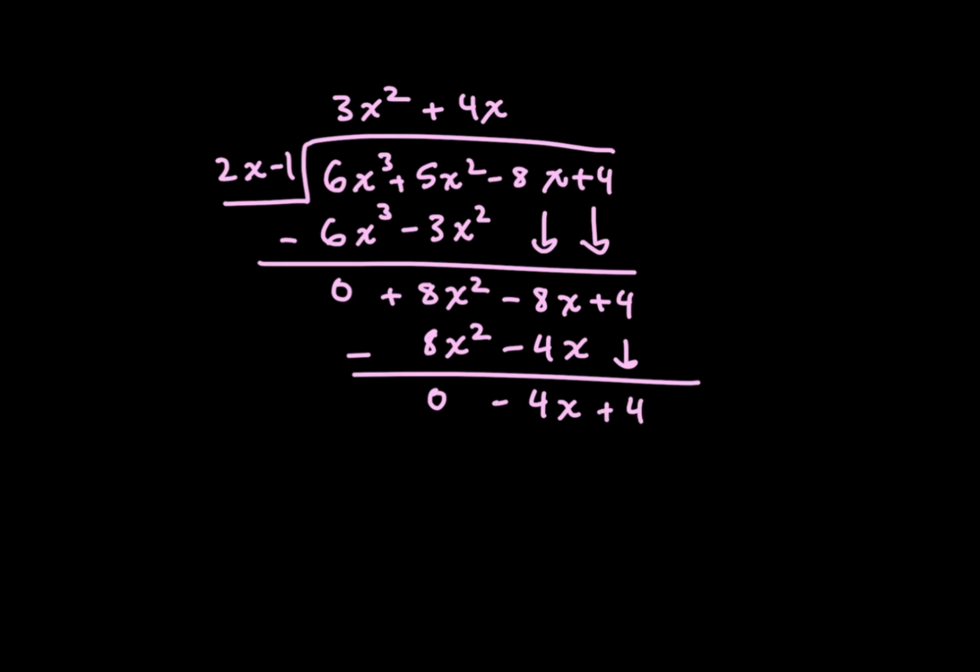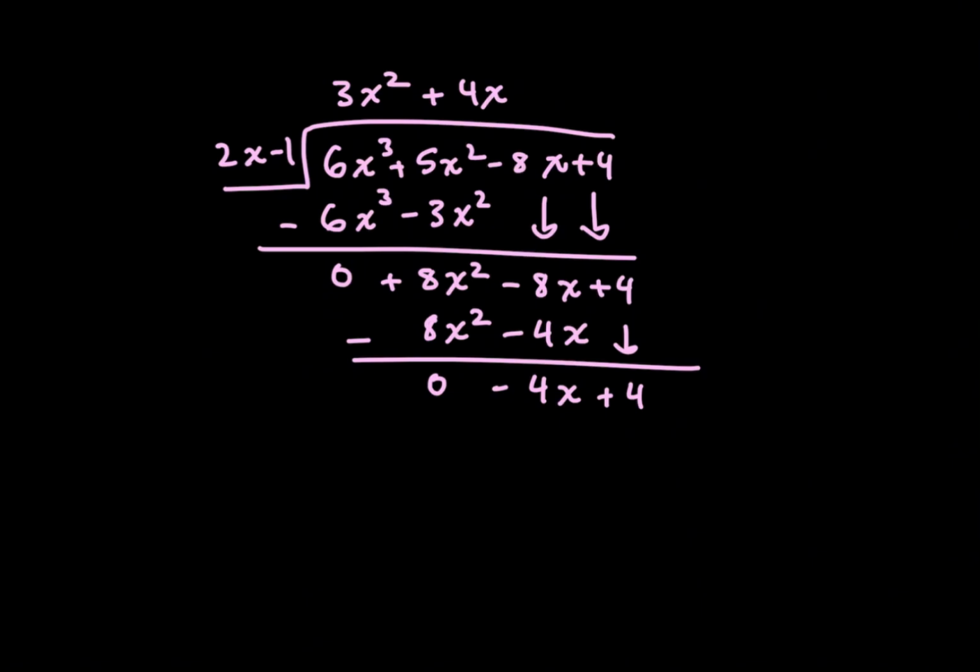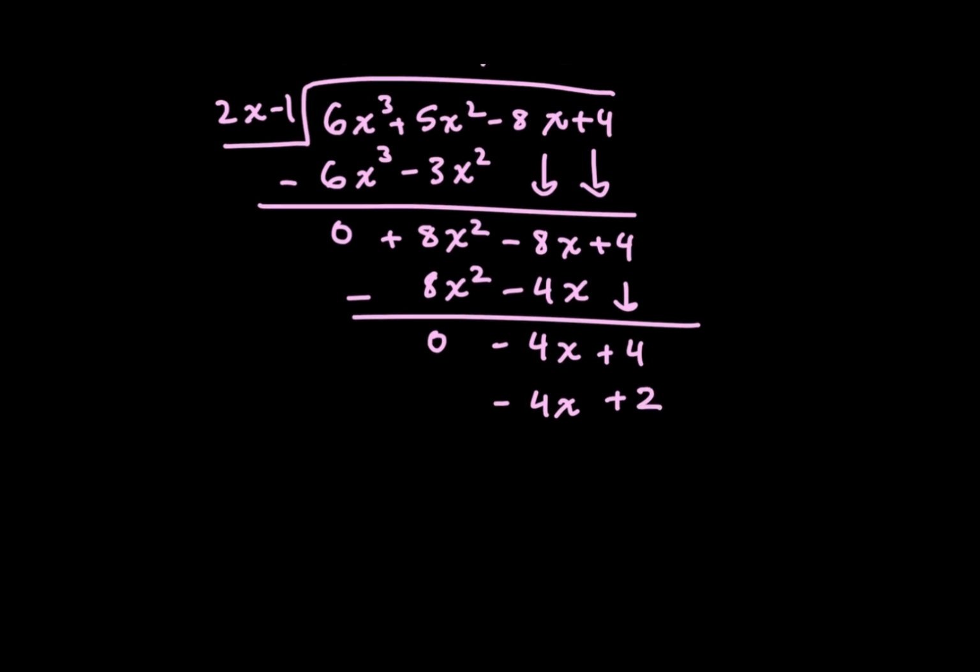And again, I repeat the process, ask myself, what can I do to 2x minus 1 to match the first term, negative 4x, and here I just have to multiply by negative 2. If I multiply by negative 2, I get minus 4x plus 2. And so I again subtract, so negative 4x minus minus 4x is 0, and then 4 minus 2 is 2.